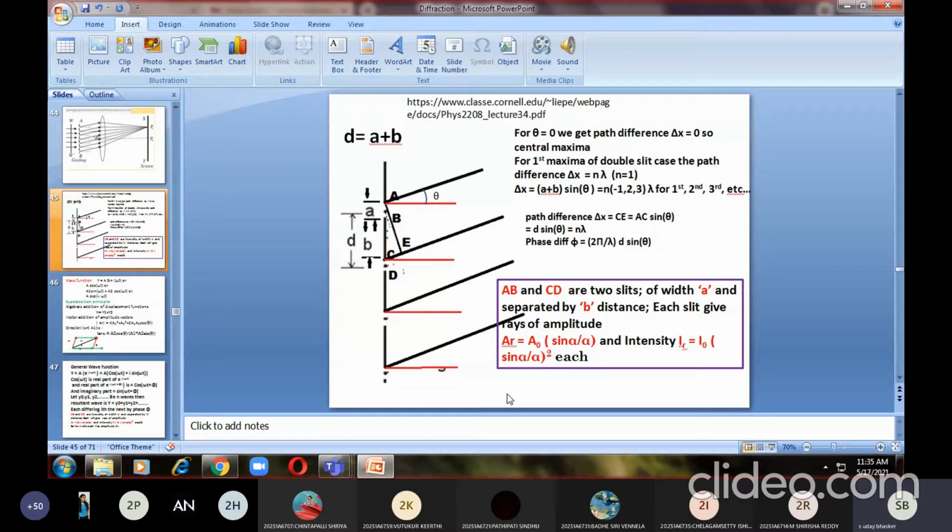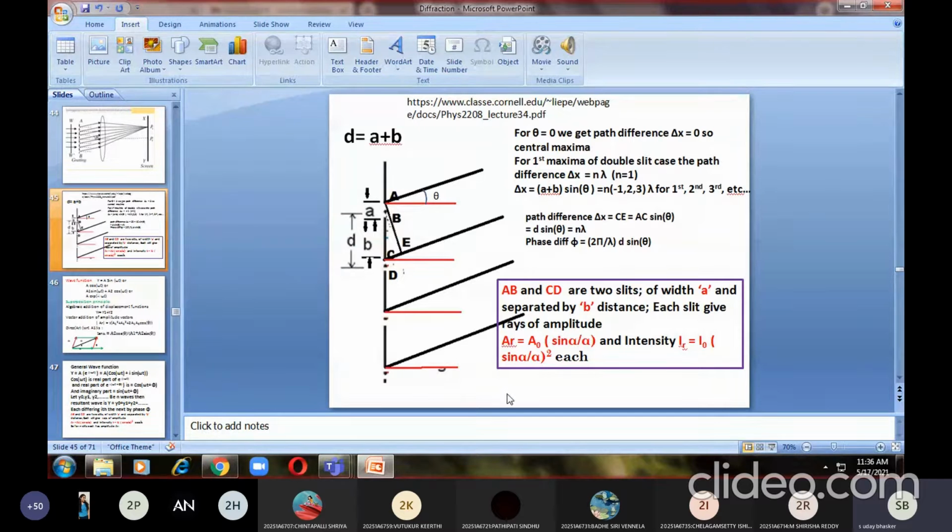Before that, when the total path difference is N lambda, we will get constructive interference. Between the first ray and the second ray, the path difference will be A plus B sine theta, that is your small d sine theta, where d is equal to A plus B.